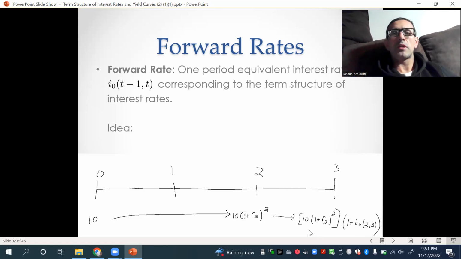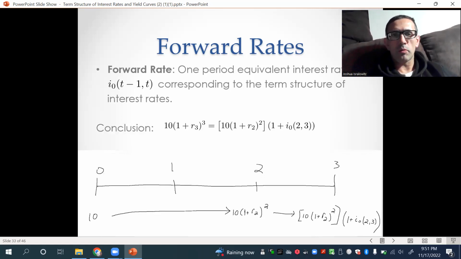But again, by definition of the 3-year spot rate, $10 grows to 10 times (1 plus R3) cubed. So the conclusion is 10 times (1 plus R3) cubed equals 10 times (1 plus R2) squared times (1 plus i_{0,2,3}). That's basically the idea of the forward rate here. It's a 1-year interest rate from year 2 to year 3 that corresponds to the term structure of interest rates.